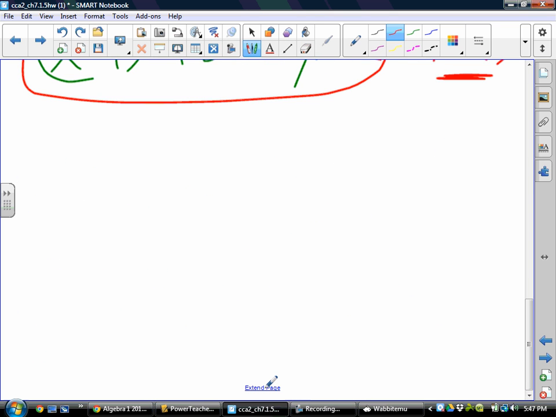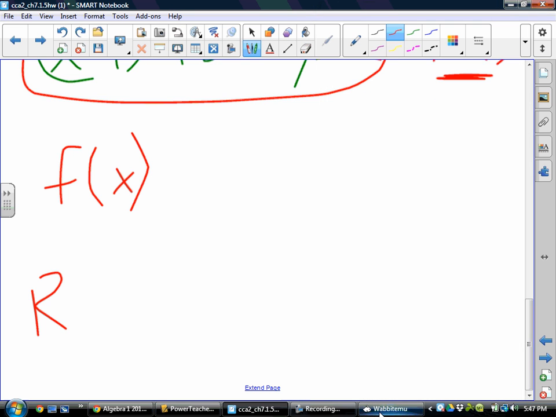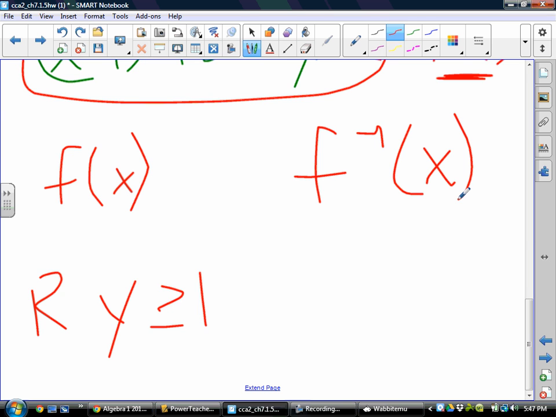So if I had my f of x here, the range, where did it start? Where was its lowest point? The lowest point was 1. It didn't go past 1, right? So y has to be greater than or equal to 1. Now in my inverse equation, we talked about this a long time ago, the domain and range switch because x and y switch.